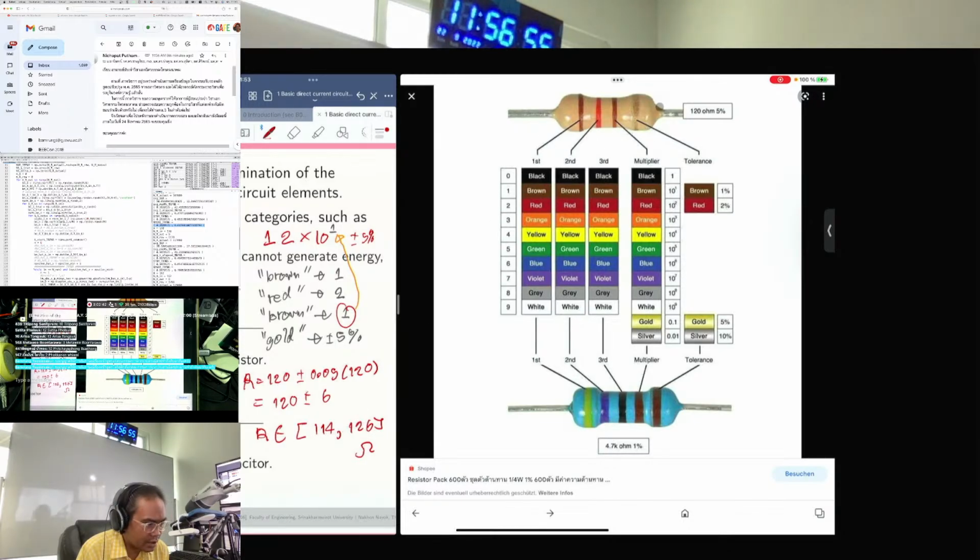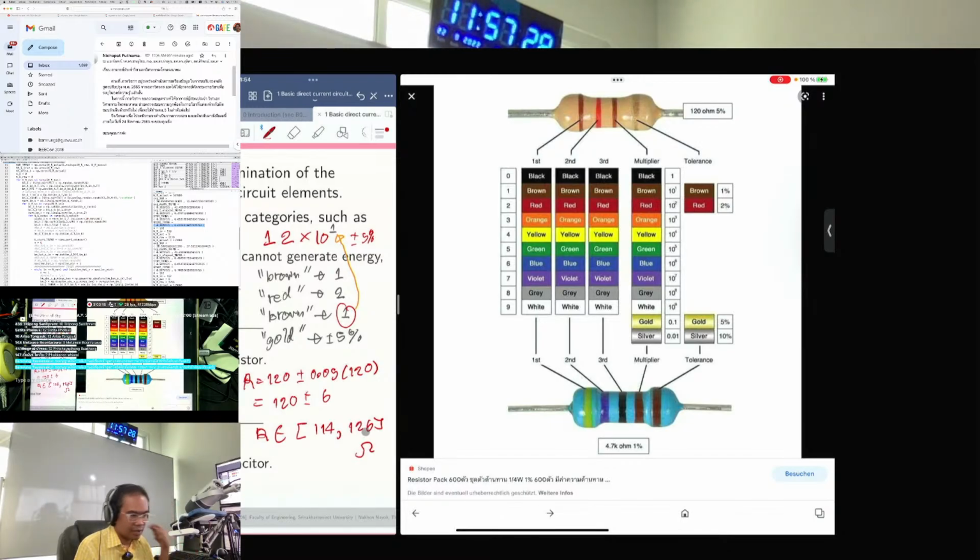If your temperature is low, it can happen that the resistance decreases. So in reality, they just provide the value of the resistance with respect to the error or the tolerance. Like if you buy this one from the shop, the resistance is not exactly 120. It's in between 114 and 126. That's the reality.